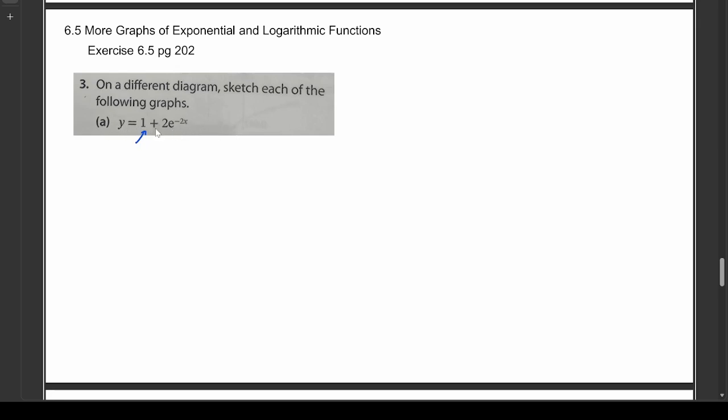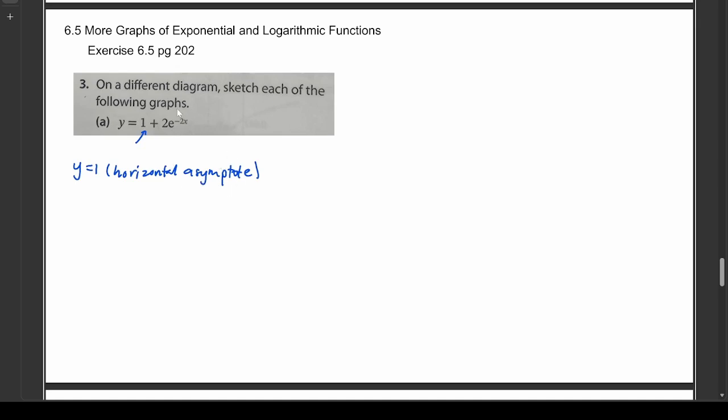So in this case it is 1. All right, this is 1. So your horizontal asymptote is actually y equals to 1. Okay, so this is our horizontal asymptote, right? An exponential graph will have a horizontal asymptote.